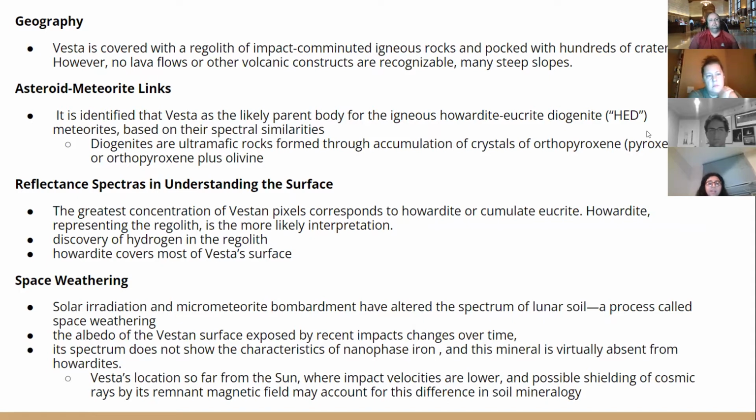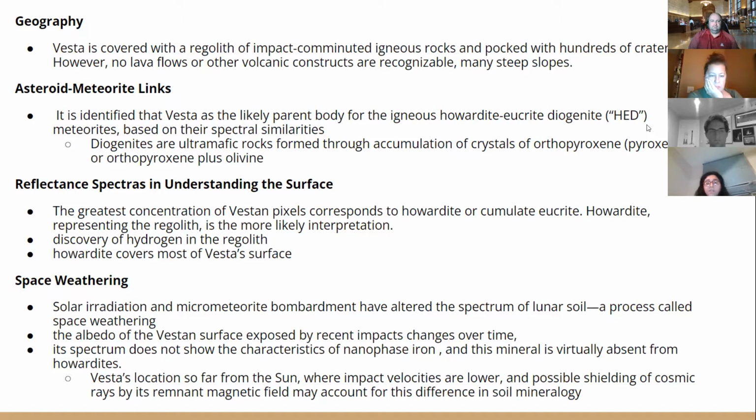You can see that there's a lot of igneous rock-based regolith, which I kind of mentioned earlier. There's also meteorite evidence, which is important because it's identified that Vesta is probably the parent body of a bunch of other meteorites, and this can be seen through analyzing the composition of different materials and matching them.